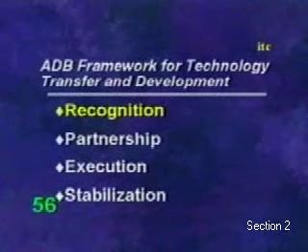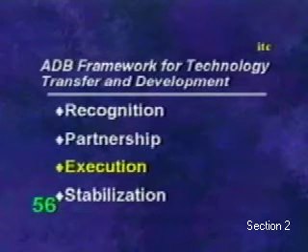These elements are based on the recognition process, partnership formation, the project execution process, and the stabilizing factors. I would also recommend that you study the 1991 APO report on upgrading the technological capabilities of small industry.